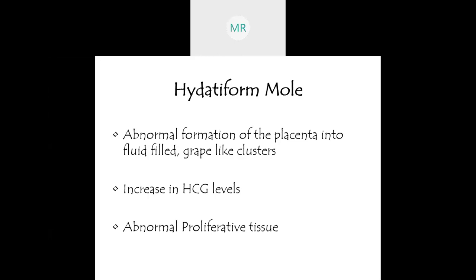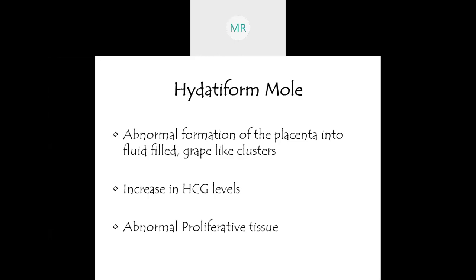What you're going to see is that the body still mimics a pregnancy, so there's an increase in HCG levels. The rationale is that HCG, human chorionic gonadotropin, is produced by the trophoblast cells.